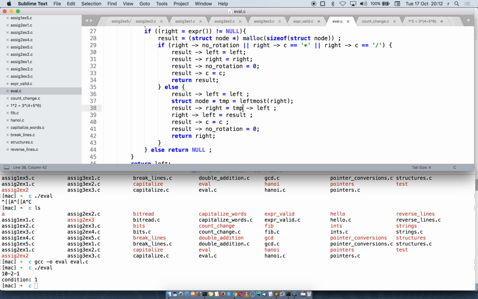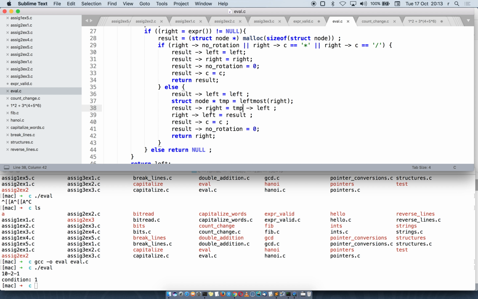So then what I'm going to do is result.left becomes leftmost, arrow left. Right? So this is what we're doing. TMP is the leftmost, and result right becomes leftmost, arrow left. Right?